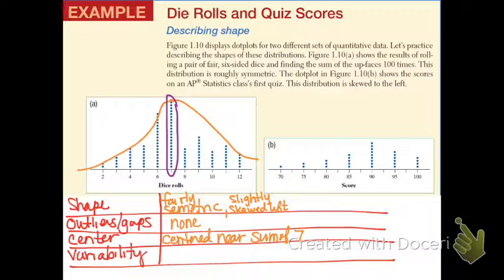And the variability, that is how spread out the data is. So we'll say that these values range from a sum of 2 to a sum of 12.